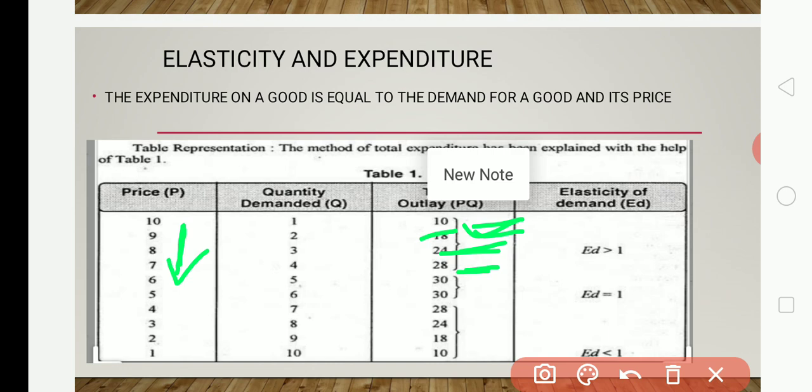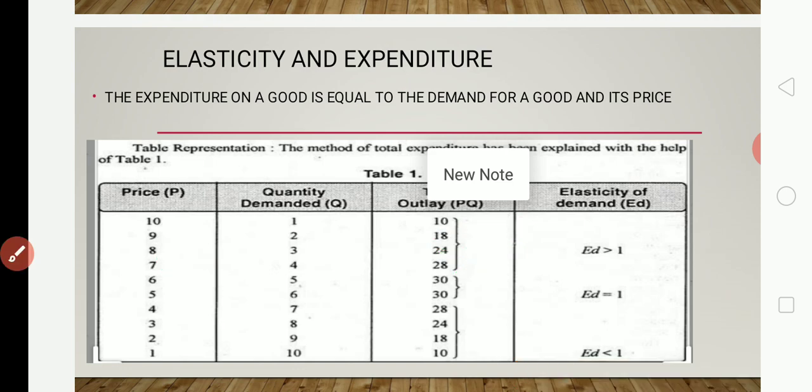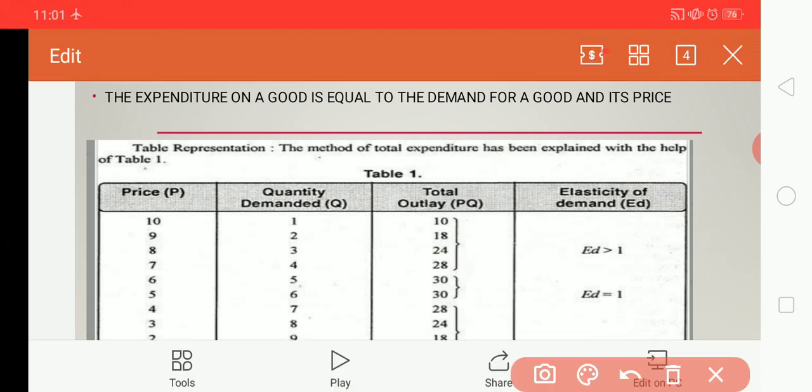So when the price is decreasing, if your total outlay is increasing, for that point we call it elasticity of demand is greater than 1.